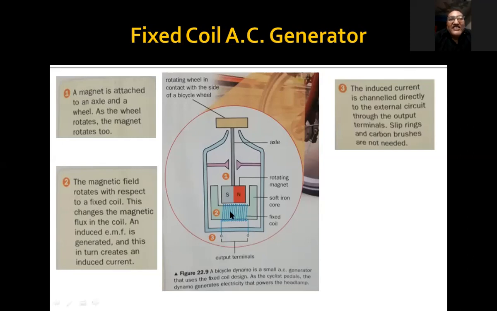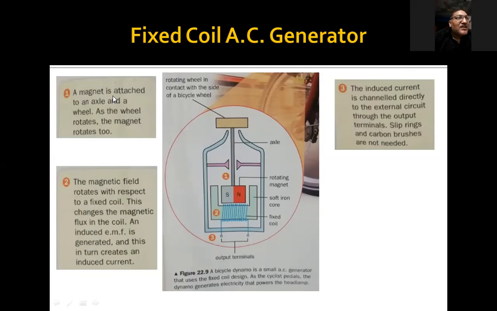This soft iron core and this coil are stationary. They are not moving. So due to the changing magnetic flux of this rotating magnet, EMF will be induced in this coil, and that EMF and current will be alternating current, which can be used to switch on the headlight of your bicycle.